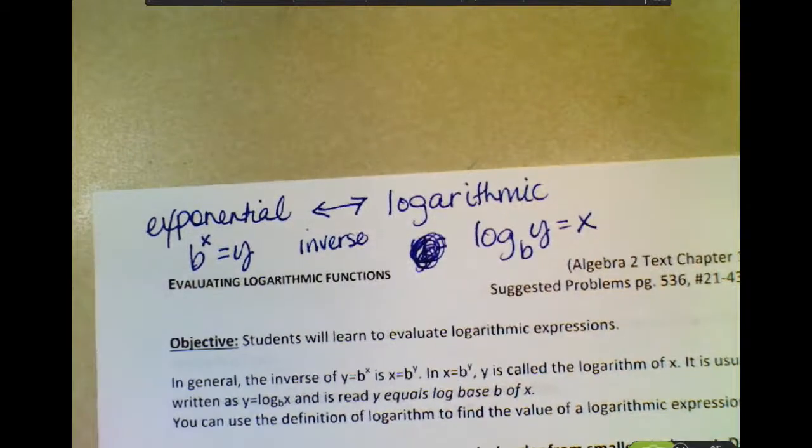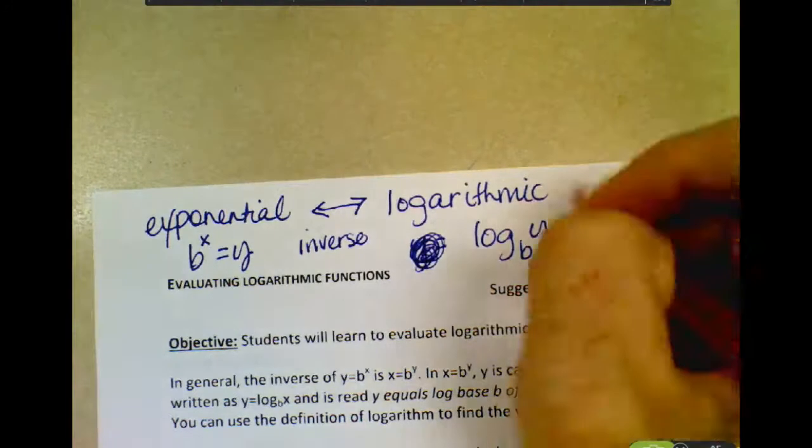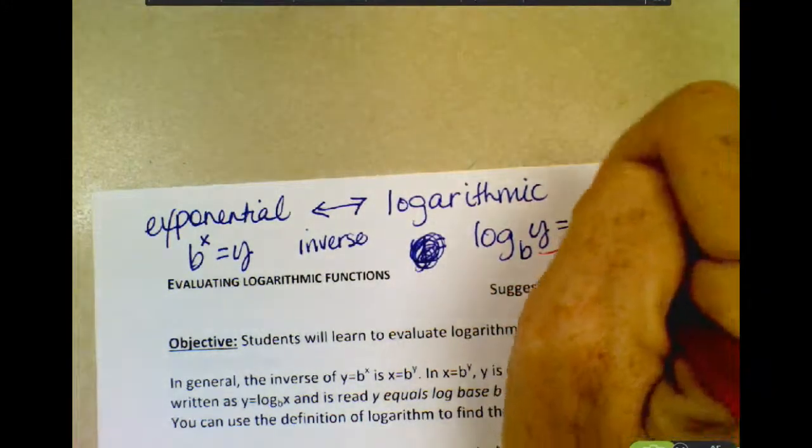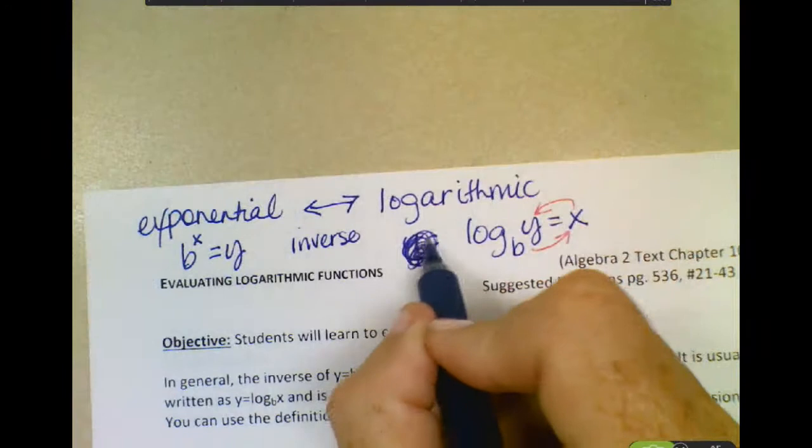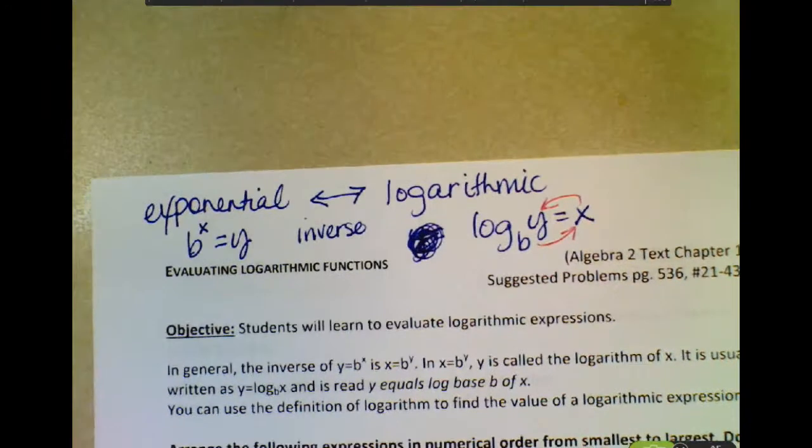Remember that when you are utilizing a logarithmic function, it's kind of a circular motion, and it's b to the x gives us the answer of y, okay? Very important for you to remember how that works.